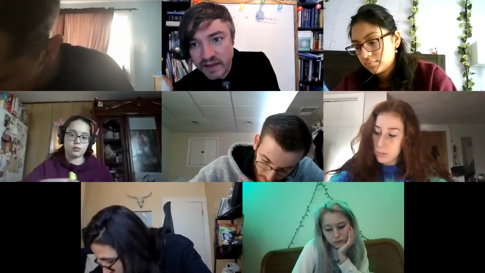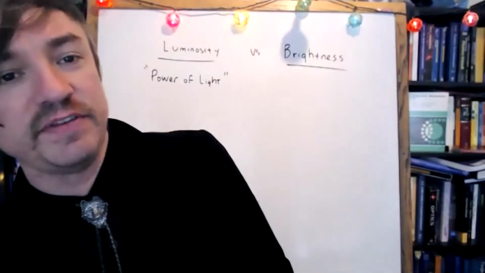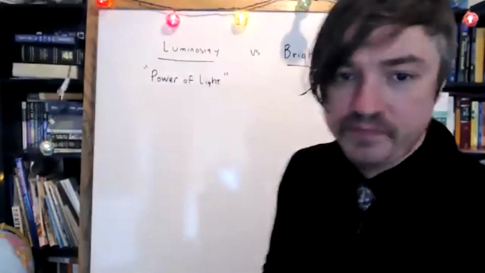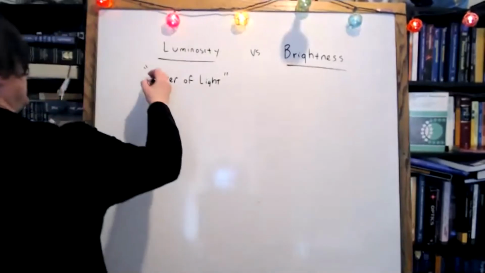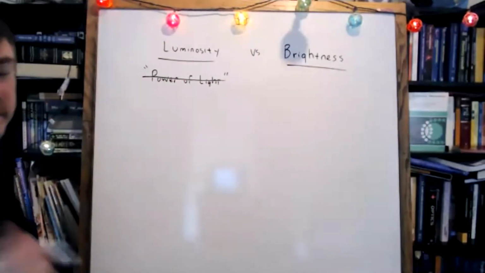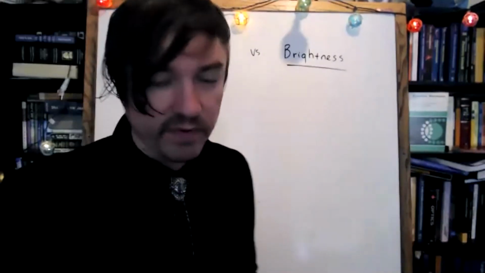Luminosity is the power of light makes sense after you understand what luminosity is. In fact, let's just take that out for the minute. It's true, but that's not helpful right now.